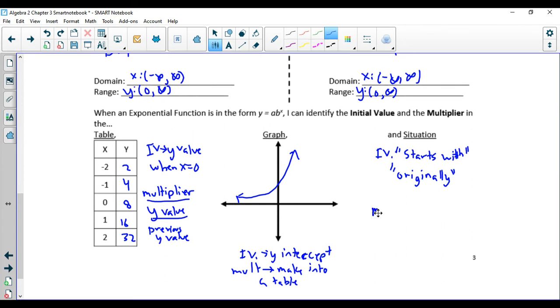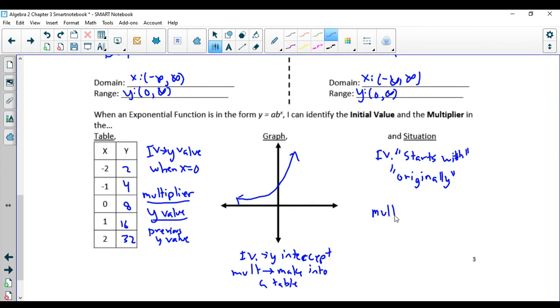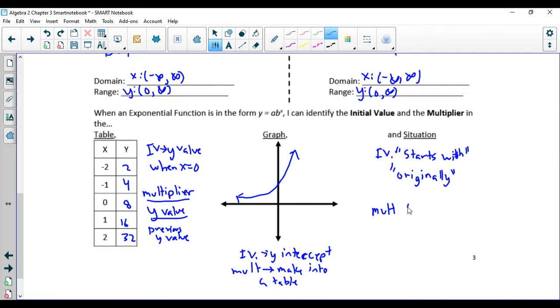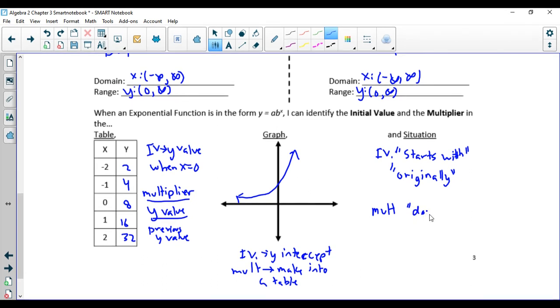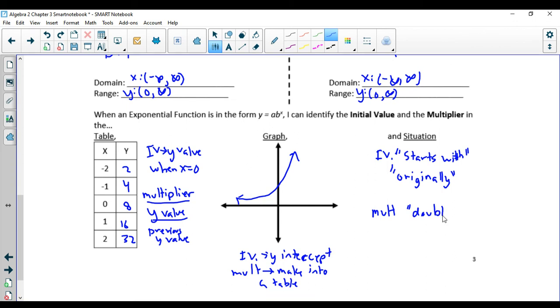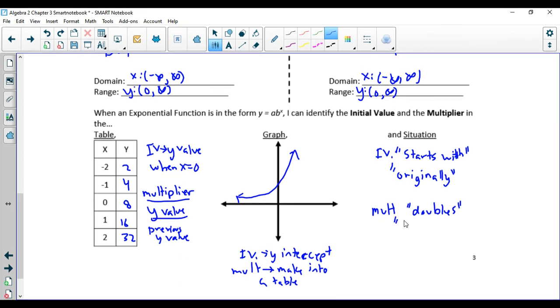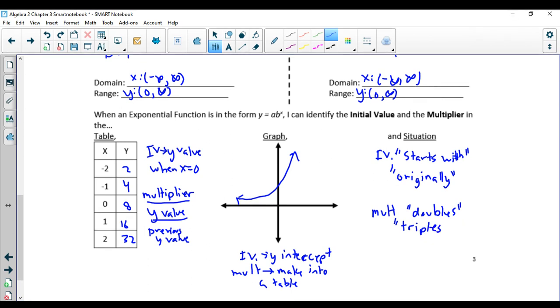When we go to multiplier, things like doubles, or triples. Doubles means times 2. Triples means times 3.